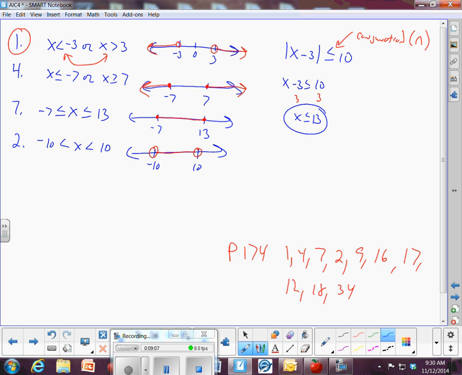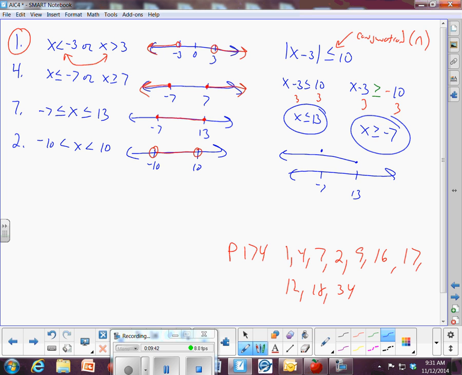Remember, the second method to get the other side is, if it's isolated, you have to reverse the symbol, and you have to put a negative in front of the value on the right. Now, again, I'm going to add a 3 to both sides. And now I get x greater than or equal to negative 7. Now, if you don't know how to interpret the solution, Beilul, you'll need to graph it. So I've got a dot over the 13, arrow to the left, a dot over the negative 7, arrow to the right.